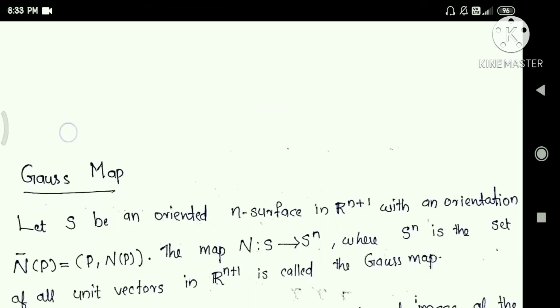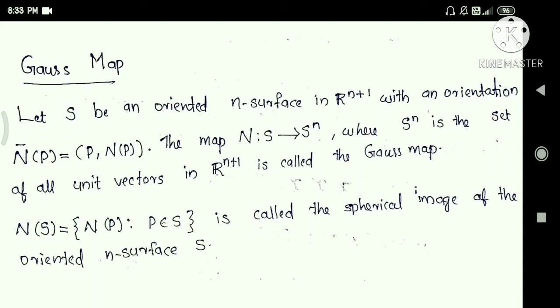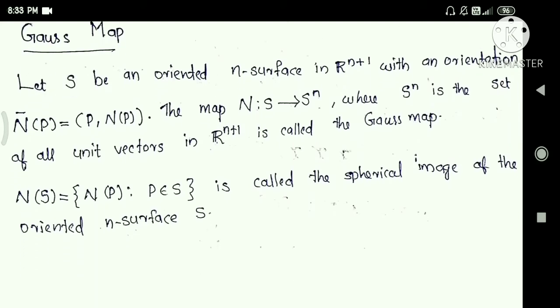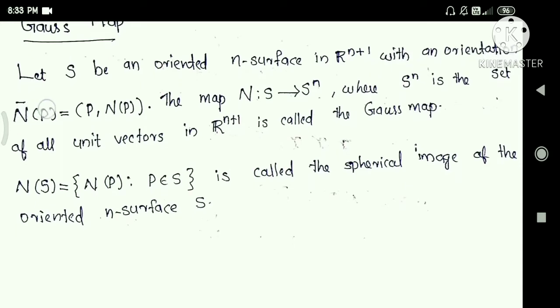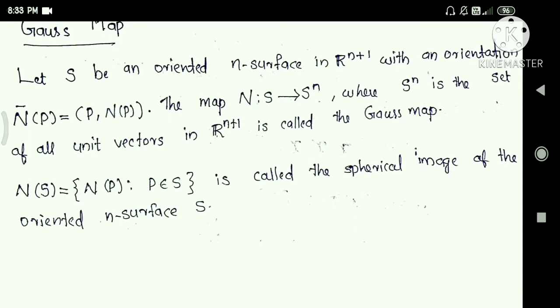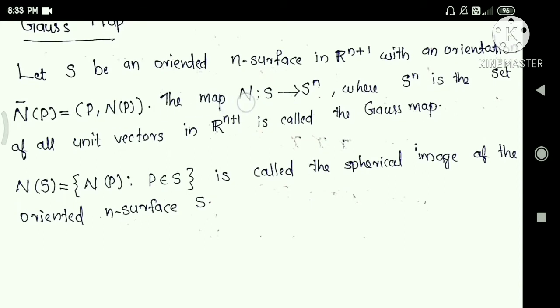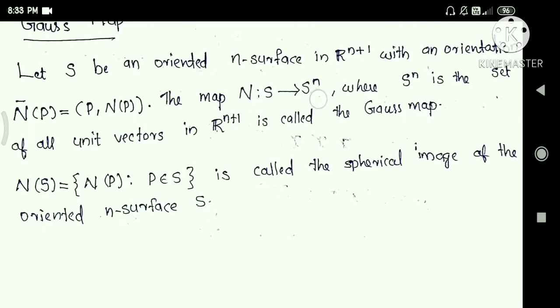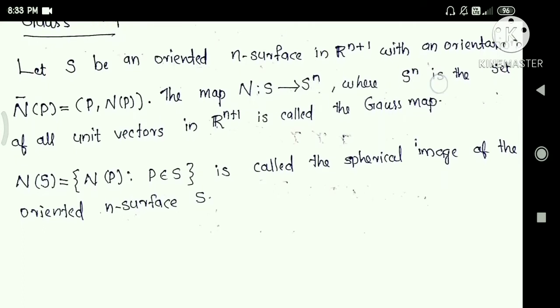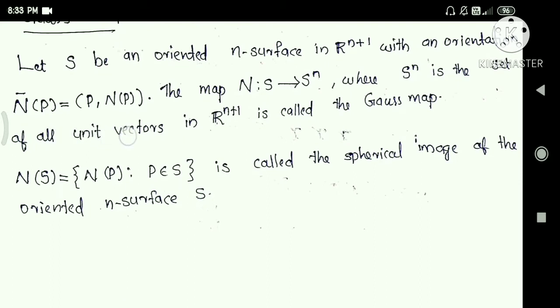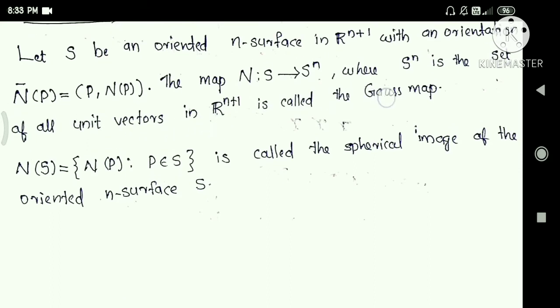That is the Gauss map. Let S be an oriented n-surface in R^(n+1) with an orientation N(p) = (p, N(p)). Then the map N from S to S^n, where S^n is the set of all unit vectors in R^(n+1), is called the Gauss map.